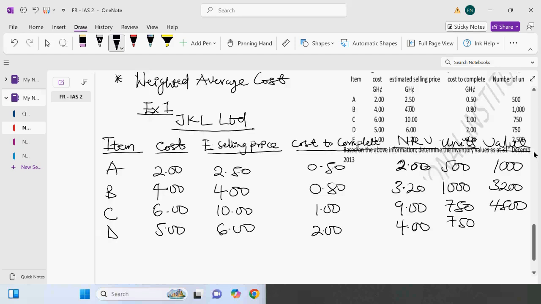The 4.00 or the 5.00? Lower of cost and realizable value. So which of them do we pick? 4, the net realizable value. So 4 times 750 units is what? 3,000.